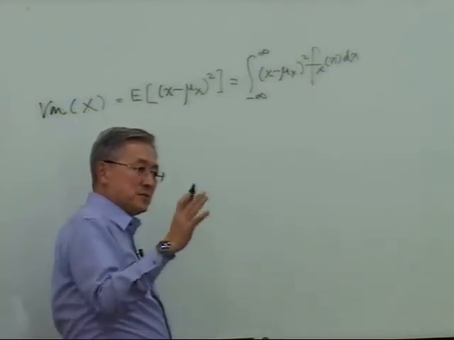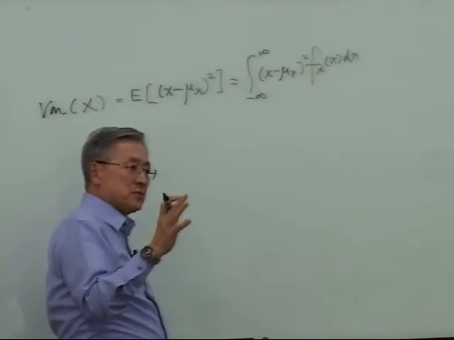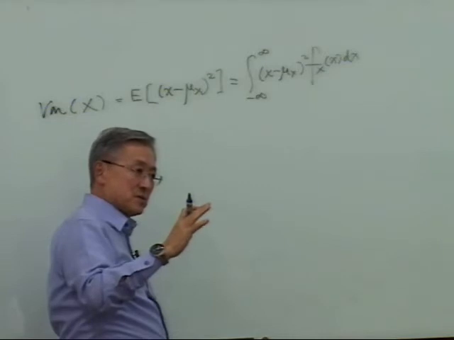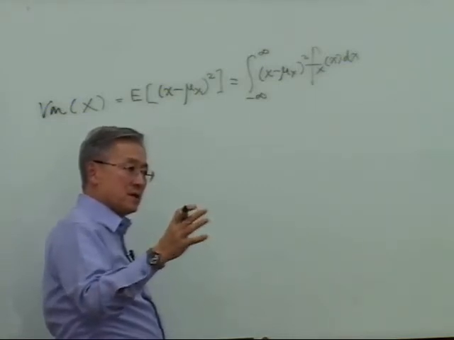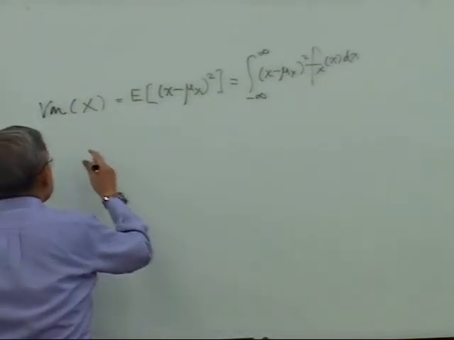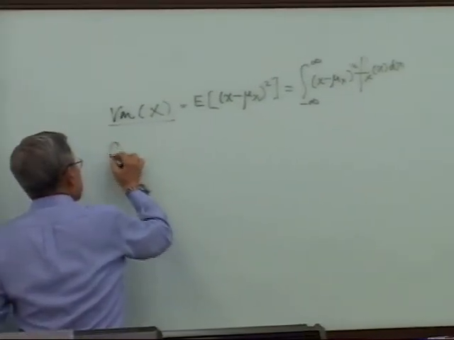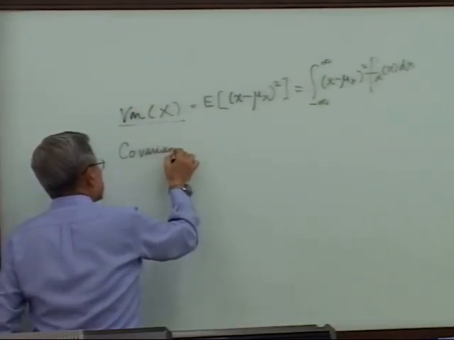And when you talk about the interaction between two random variables, strength and load, x and y, let's say, you can say variance, but you have to think about covariance.